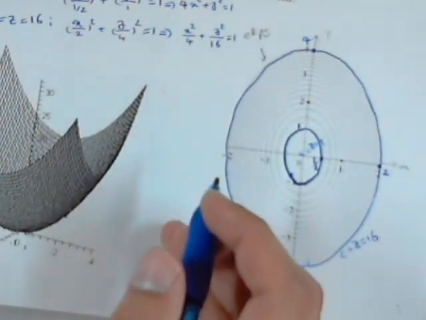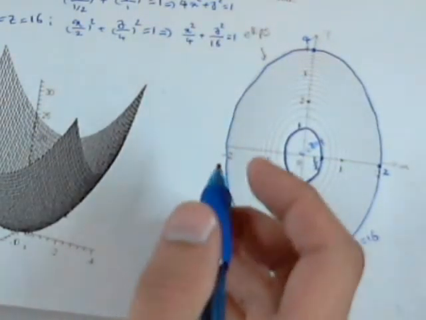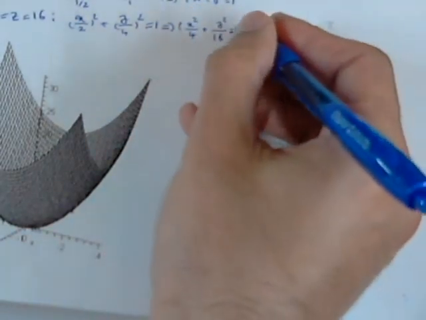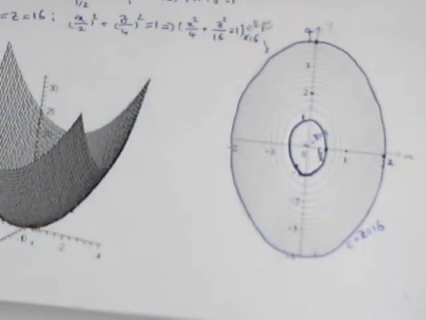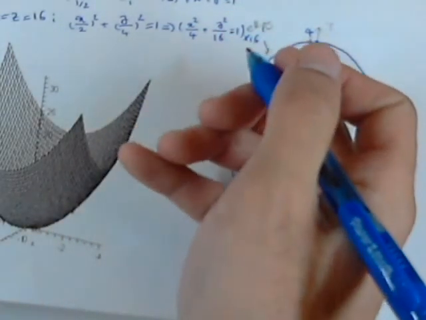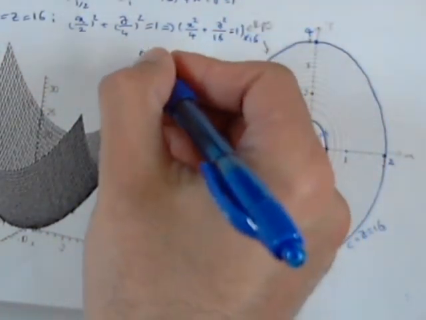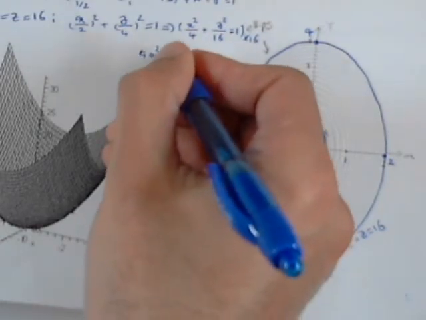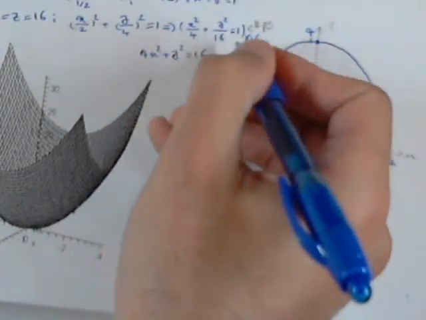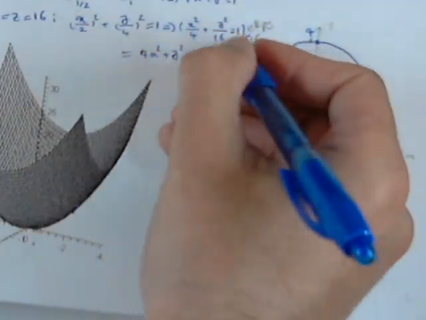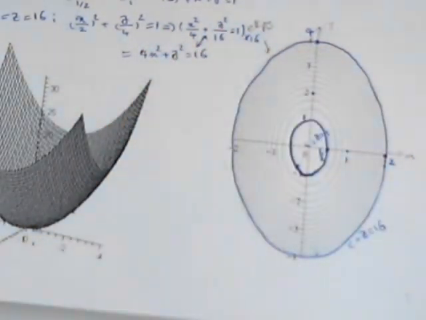So let's multiply the second one by 16. What I will have is 4 times x squared plus y squared is 16. So this is basically this one, right? I just multiplied both sides by 16.